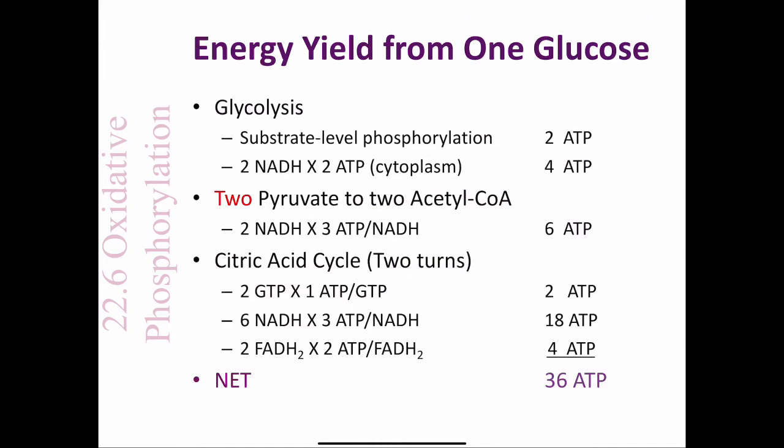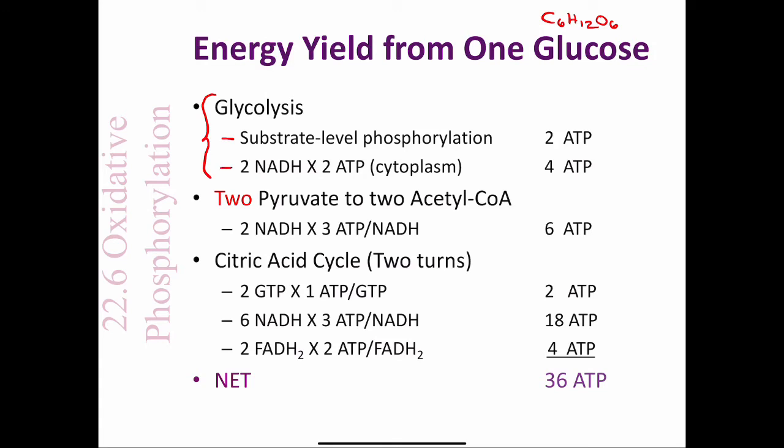If we take a look at the summary of the energy yield from one glucose molecule, and glucose has 6 carbons, its molecular formula is C6H12O6. We'll start by looking at the oxygen-independent metabolic pathway, known as glycolysis. In glycolysis, we produce 2 ATPs from substrate-level phosphorylation, and we also produce 2 NADHs.